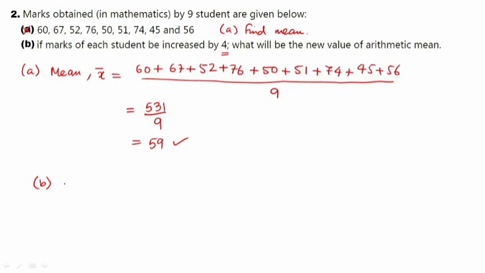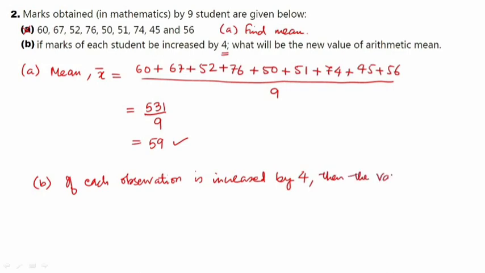So we'll write: if each observation is increased by 4, then the value of mean will also increase by how much?